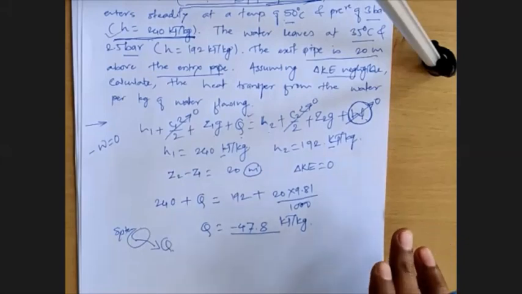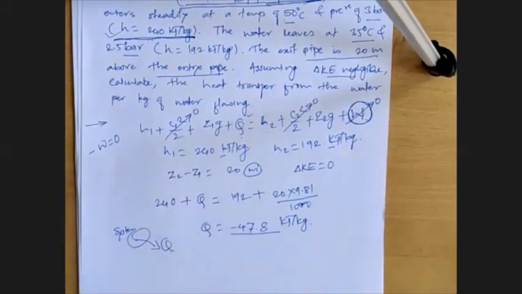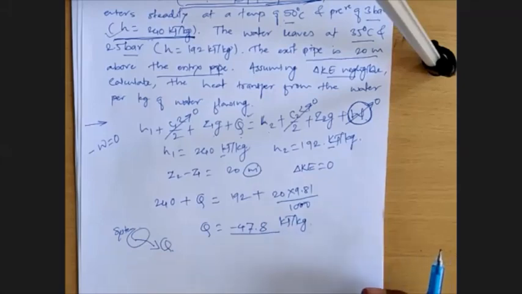What did you get for Q? 47.6. Plus or minus? Minus. Why is it minus? Because it is going outside the system.